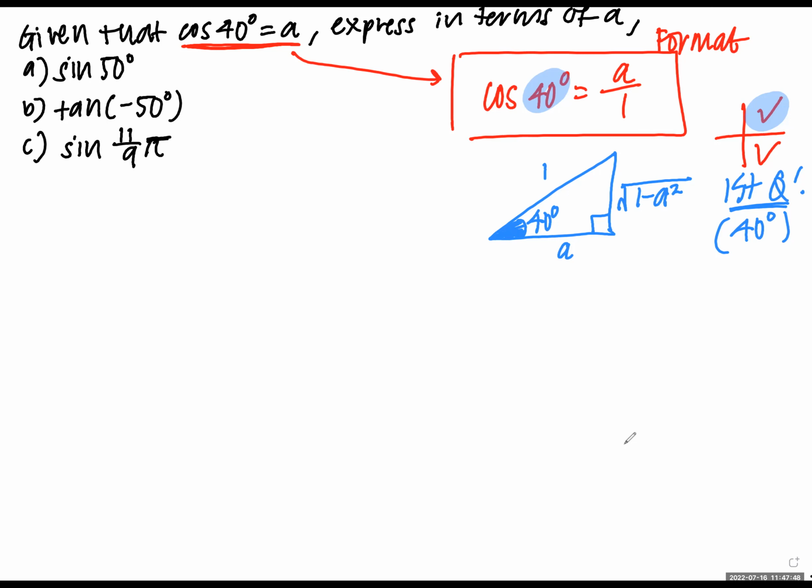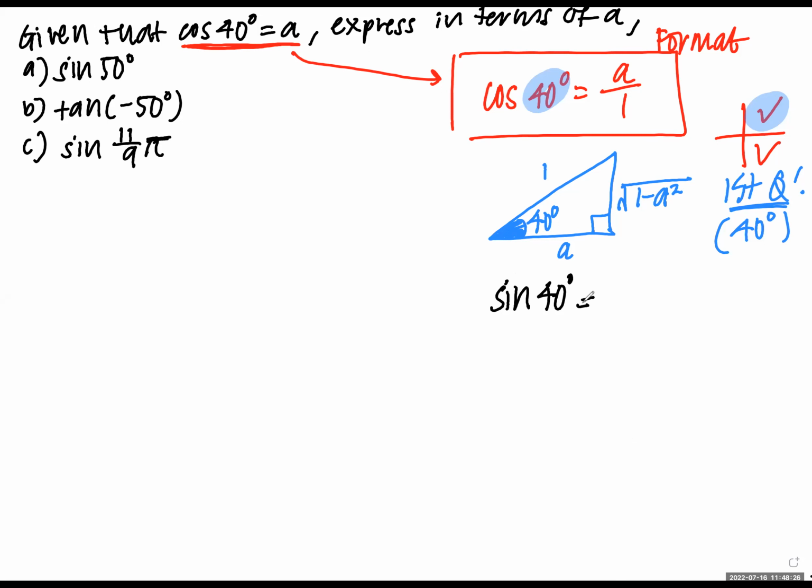What do I do the moment I have a triangle? What do I do from here? So what do I write now? You put sine. Yeah, sine 40.